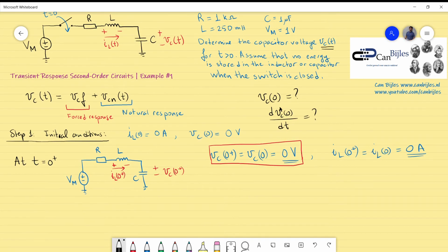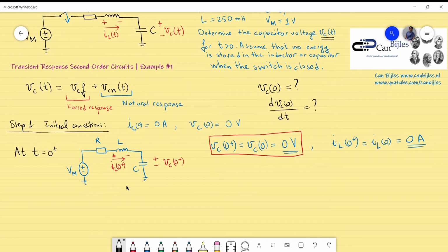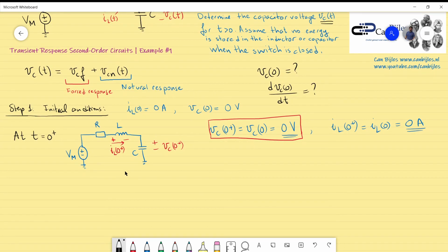So I will move on to this derivative. Where is the derivative actually hidden in the formulas for the capacitor voltage and the capacitor current? We know that the capacitor current, IC, in general, is equal to the capacitor value C times the derivative of the capacitor voltage.